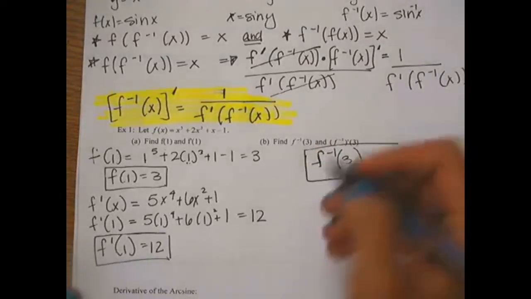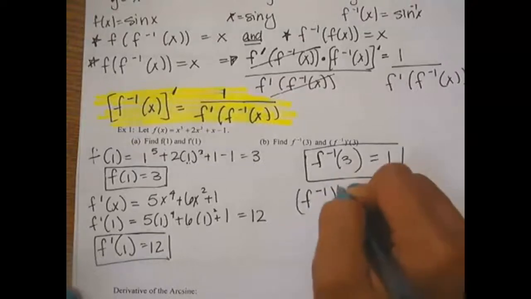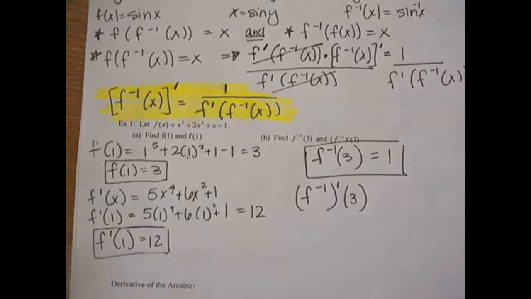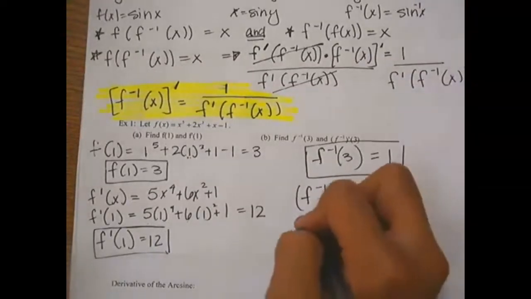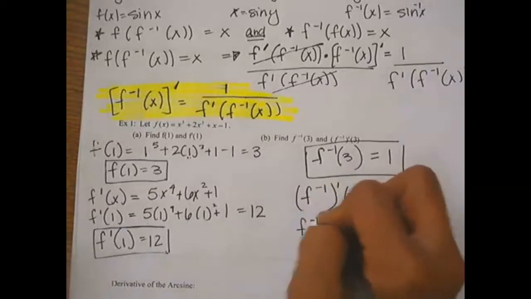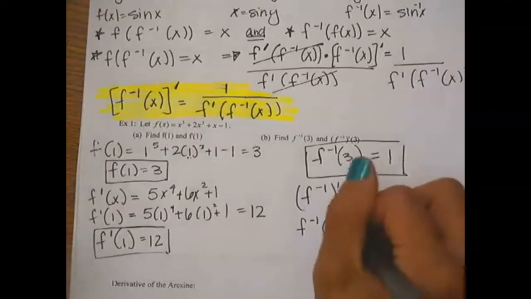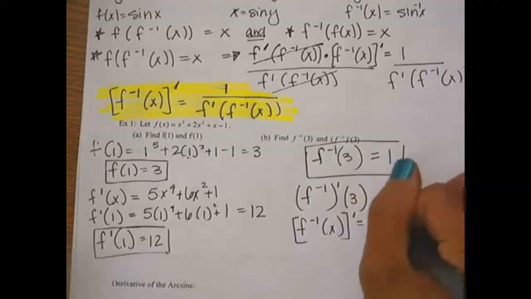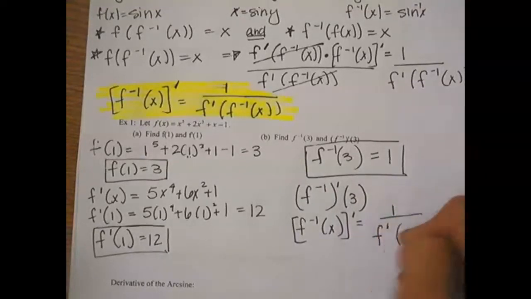Now this one, f inverse prime of 3. Okay? This one, based on your formula, so let's write the formula down first. F inverse of x. And if I were to take the derivative of it, let's write down the formula. It's really 1 over f prime of f inverse of x.